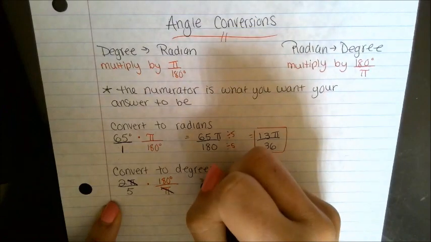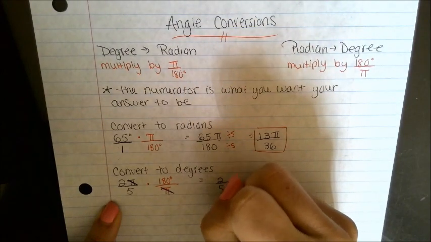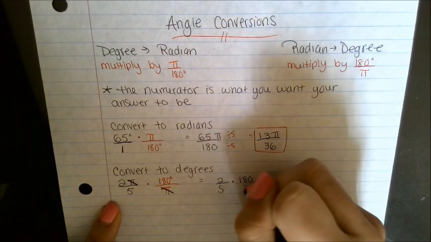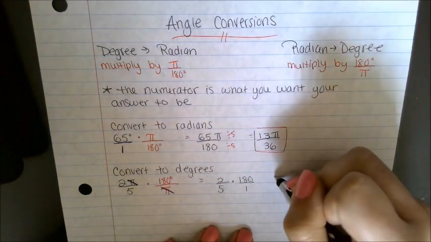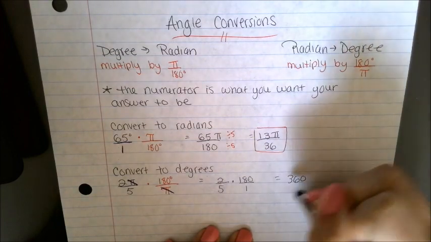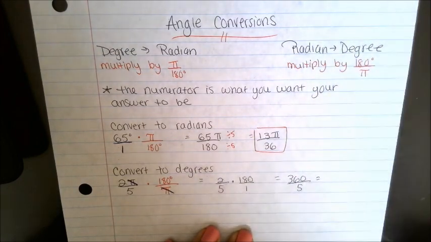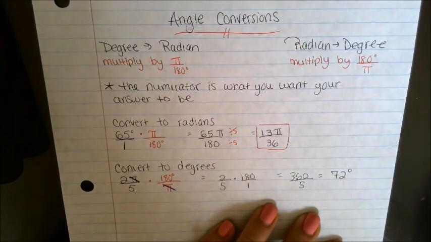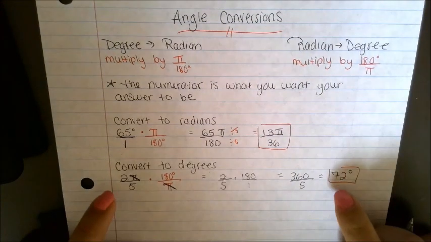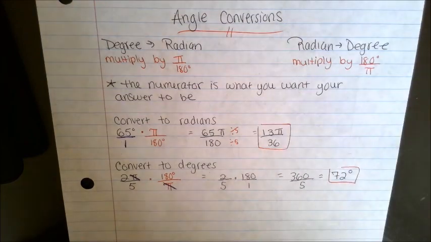So now you're left with 2 over 5 times 180 over 1. And you just multiply now. 2 times 180, 360 divided by 5. So you're going to get 72 degrees. So these are the same angles, just different units.